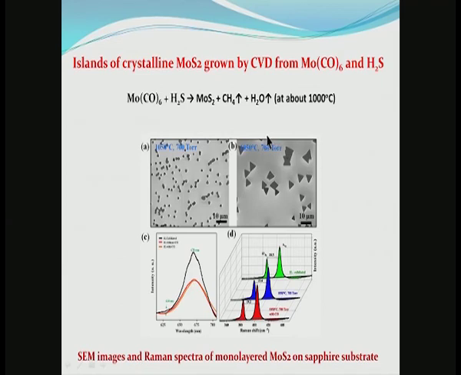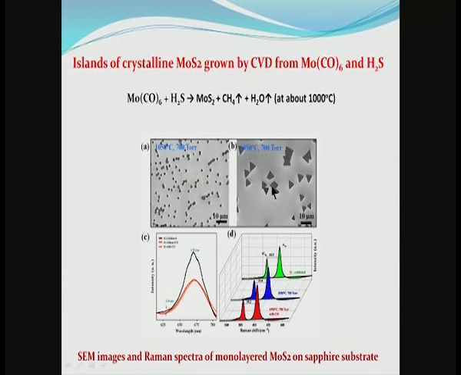These can be obtained by the CVD process, for example, using molybdenum hexacarbonyl as one precursor along with hydrogen sulfide, and under the right conditions of CVD, high temperature and low pressure, one gets molybdenum disulfide as the product.